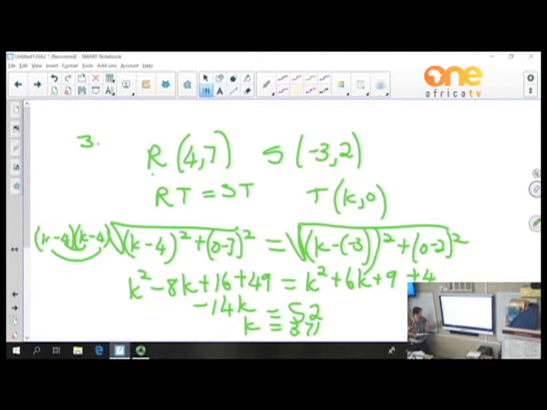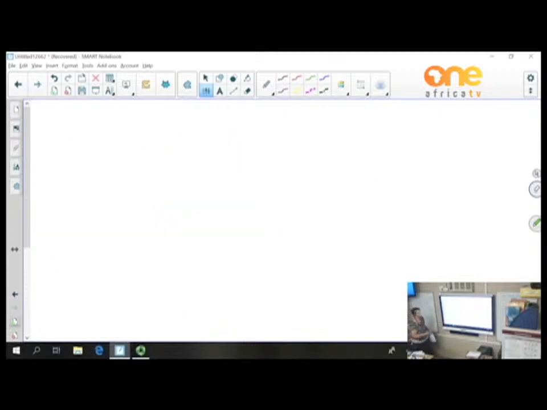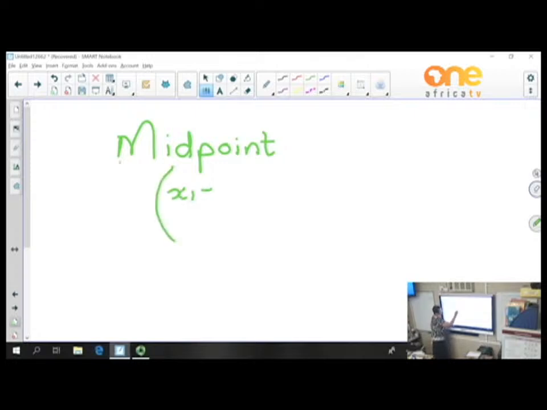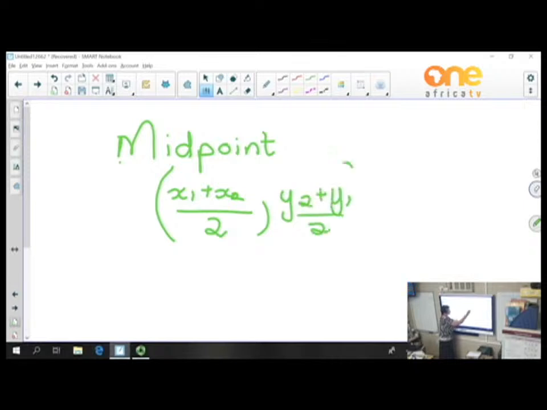Okay, so grade 11s in your book, let's take now the next one for today, the midpoint formula. The midpoint is a coordinate that you're going to calculate, so that's x1 plus x2 over 2, it's a coordinate, so that's why I have the comma there, and then y2 plus y1 divided by 2.